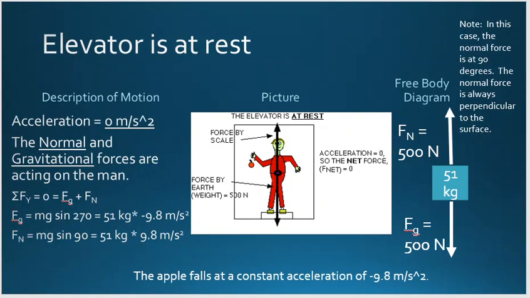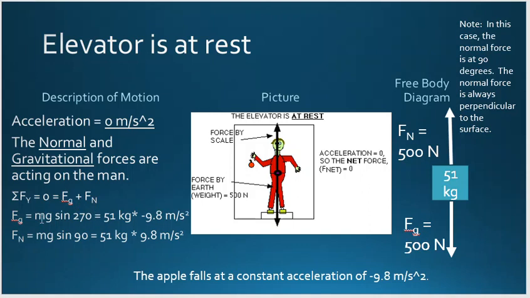So right now the elevator is at rest. Acceleration is equal to 0 meters per second squared. That means the summation of our forces in this statement right here, sigma, sum of, F for force and Y for the vertical direction, equals 0. So Fg plus Fn.